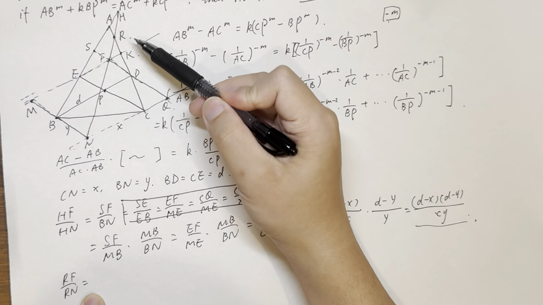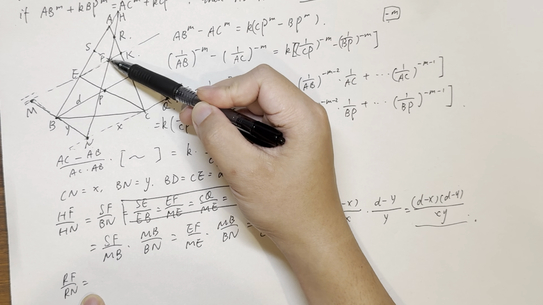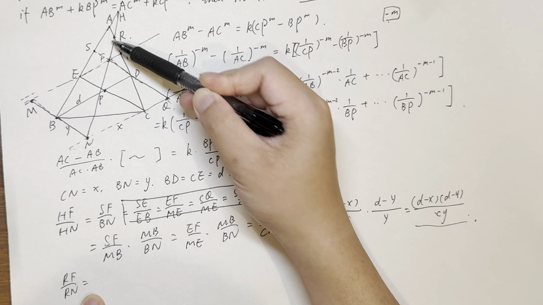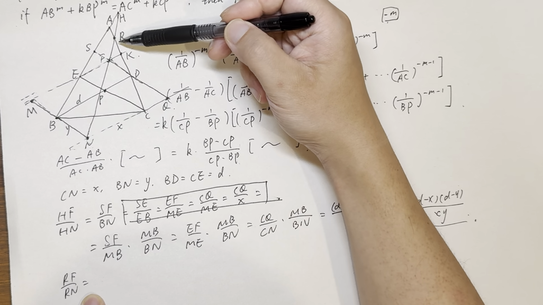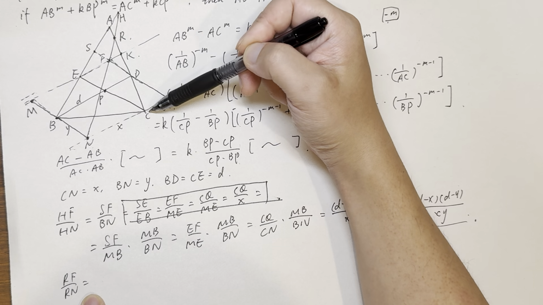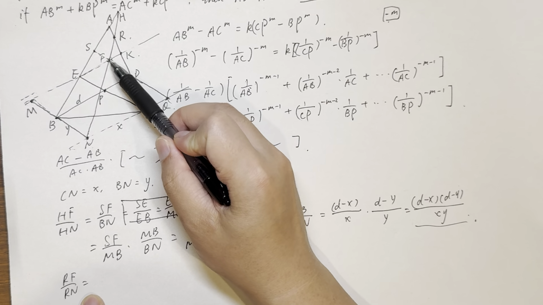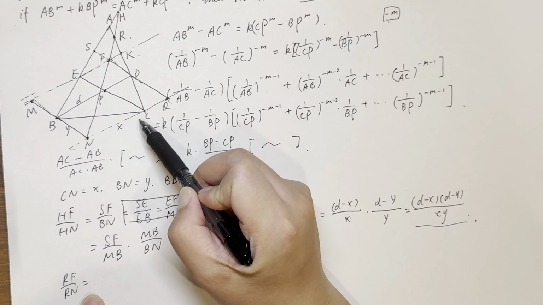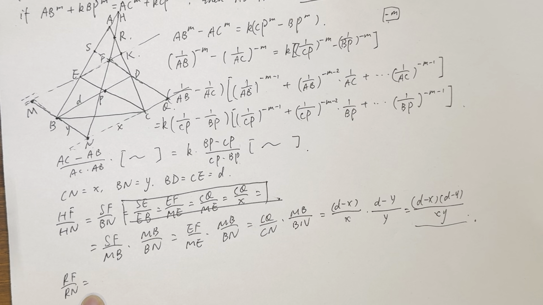So RF to RN equals RK to RC equals FK to NC.